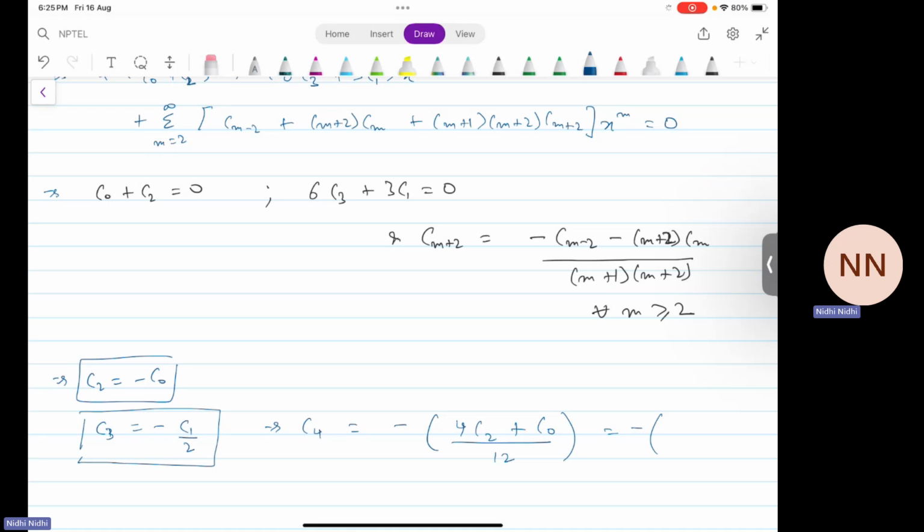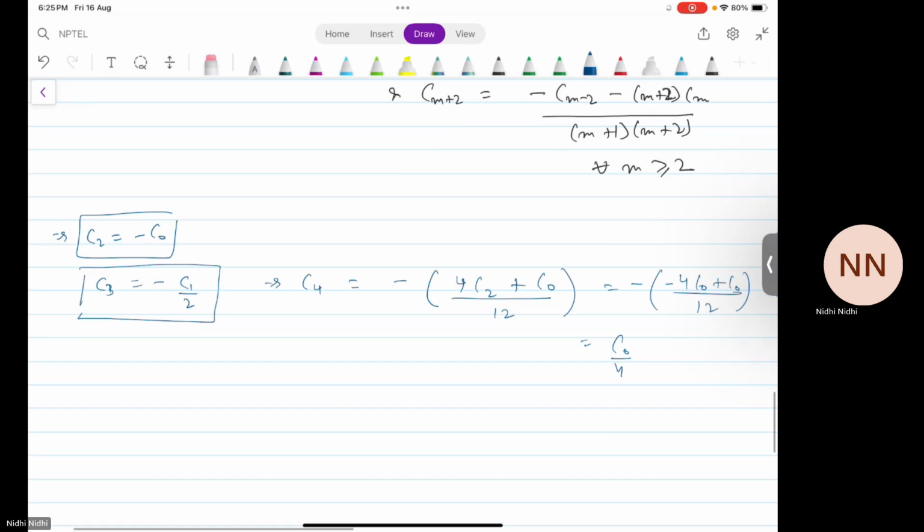What was c2? c2 was minus c0. So minus 4 times minus c0 plus c0 by 12 gives us c0 by 4. Therefore, c4 is equal to c0 by 4.